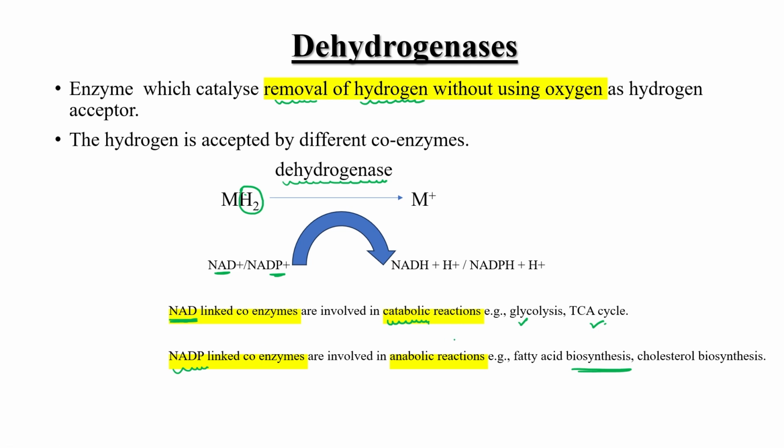Okay, so what is the main use of dehydrogenases? Removal of hydrogen. It is mentioned over here, removal of hydrogen without using oxygen as hydrogen acceptor. The hydrogen acceptor present over here is not oxygen. This is either NAD or NADP.